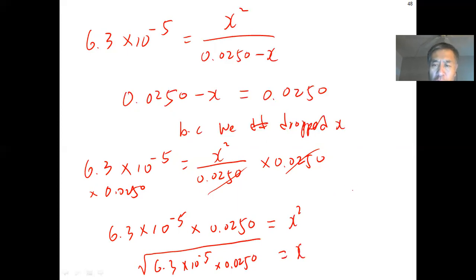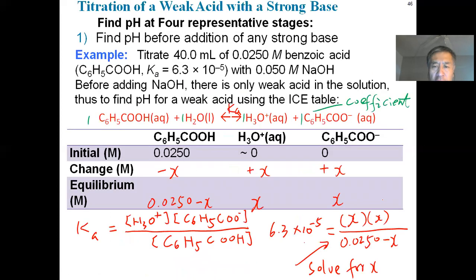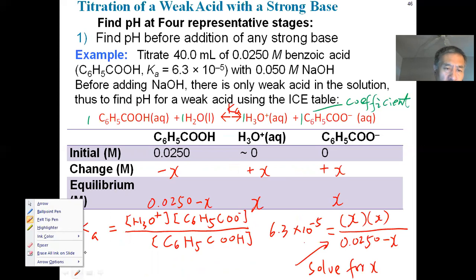Use your calculator, and you find x equals 0.001255. Now let's go back to the ICE table and see what x is. You see here, x is the concentration of H3O+ at equilibrium.